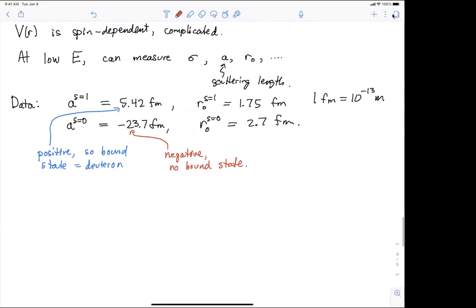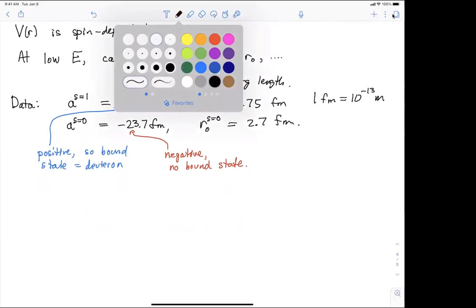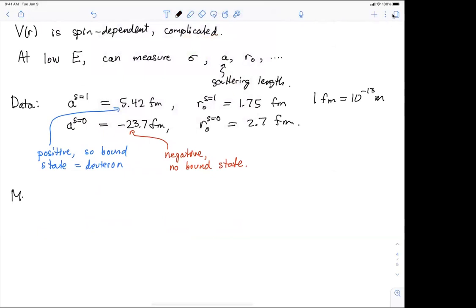So let's do this a little more precisely. Let's figure out the relationship more precisely. Remember that we had this relationship between the k and the kappa and the hole in the scattering amplitude.